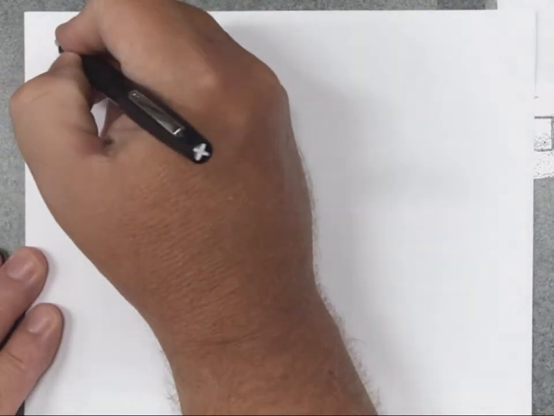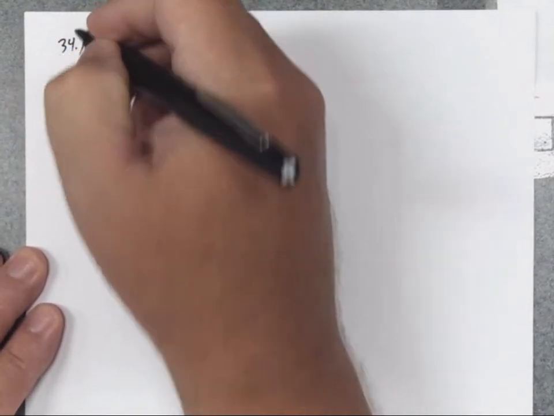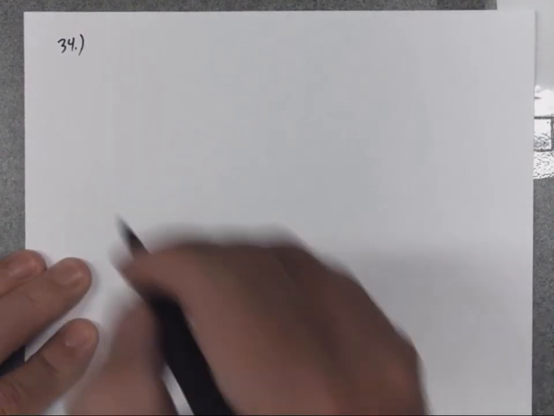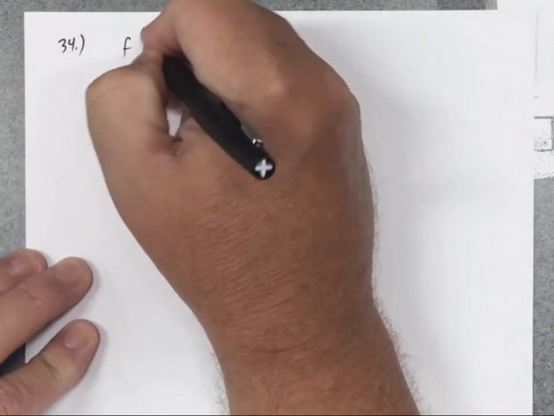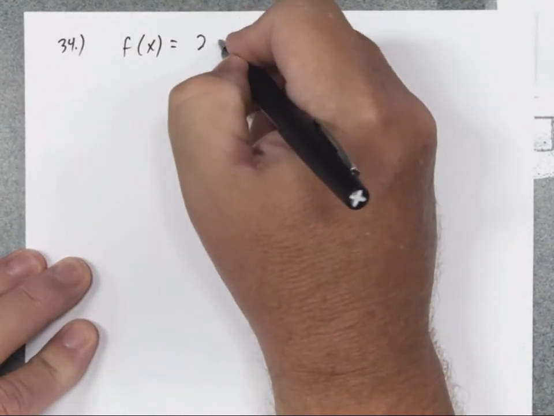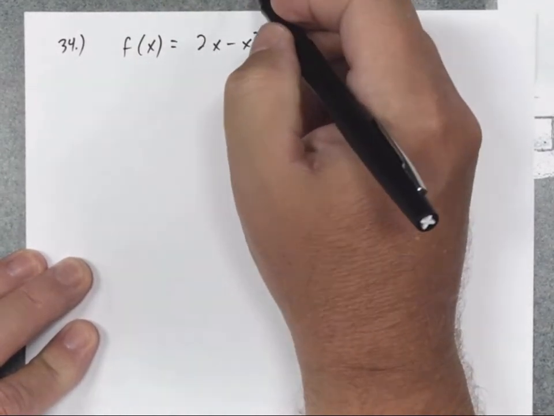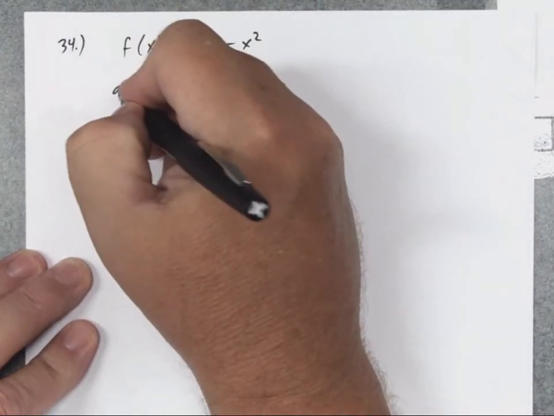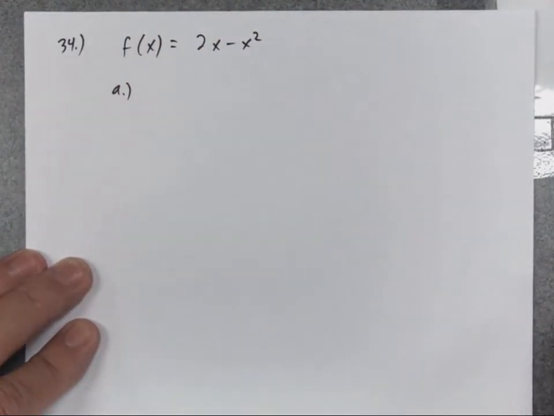34 is, hopefully you notice so far these problems have been pretty much the same, just finding the derivative. 34 has got a little bit of a twist to it. 34 says, so they start out by giving us a function. Now we're back to function notation. And there's a part A. Part A says, compute the slope of the secant line joining the points where x equals 0 and x equals 1/2.